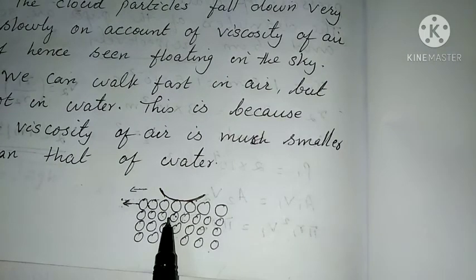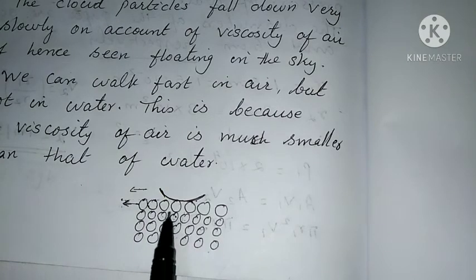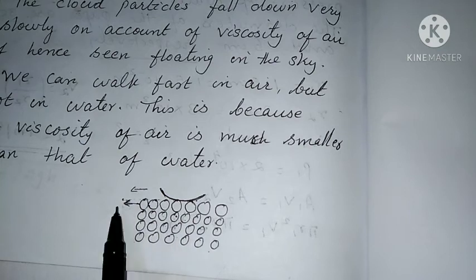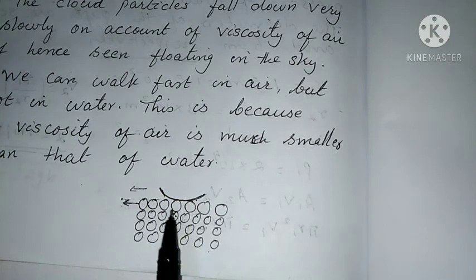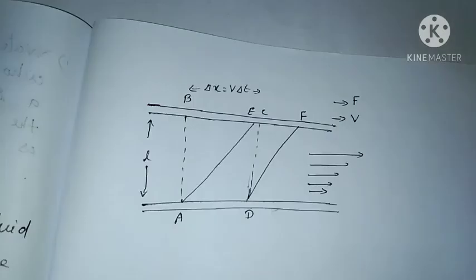Thus, the force which prevents the relative motion of particles is called the viscous force. Here, the upper layers move forward and the lower layer pulls it backward. This results in a force between the layers called viscous force. This type of flow is called laminar flow.